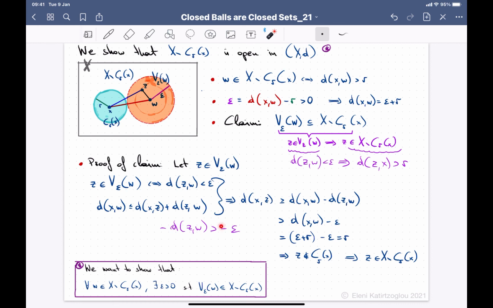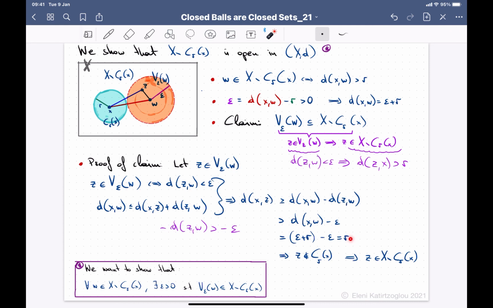So we take this, and this distance is equal to epsilon plus R. Substituting, epsilon plus R minus epsilon gives us R. So we have shown that the distance between X and Z is strictly greater than R.